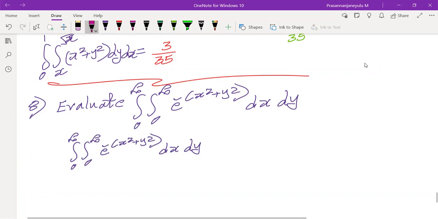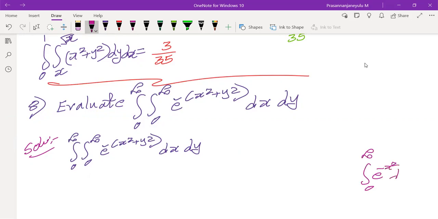In that, you learned that the integration from 0 to infinity of exponential of minus x square dx equals what value? Any of you remember it? Root pi by 2. So I am using the same formula here.